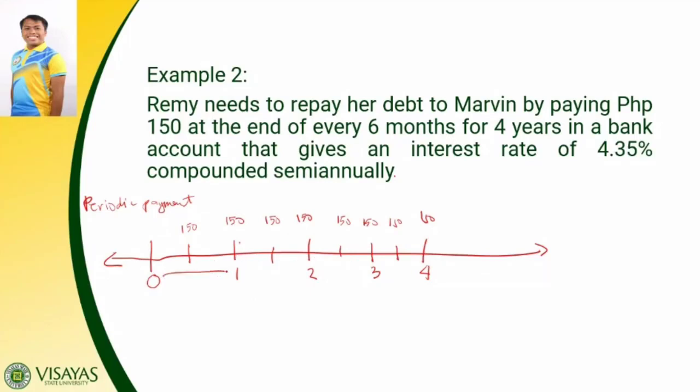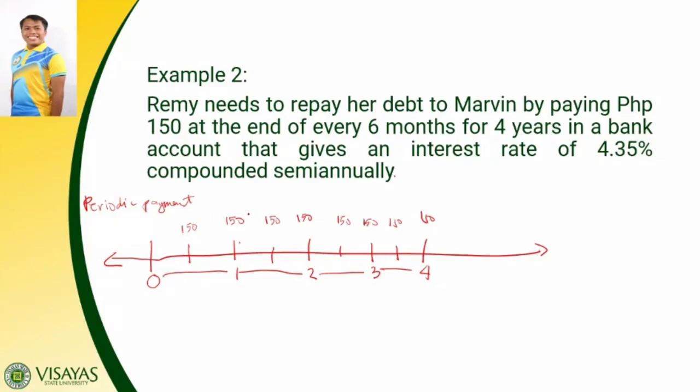This is 0 to 1, 1 to 2, 2 to 3, and 3 to 4. And every payment, Marvin will be giving 150 pesos.